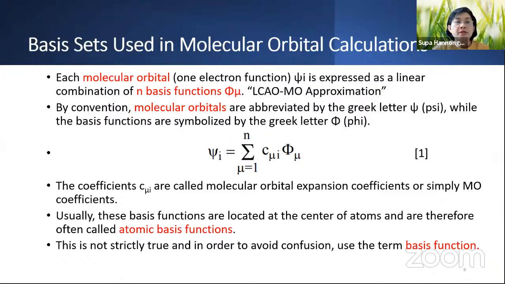And usually the basis functions are located at the center of atoms and are therefore often called atomic basis functions. Anyway, it is not strictly true, so in order to avoid confusion, we use basis function in general. So we call it basis function.